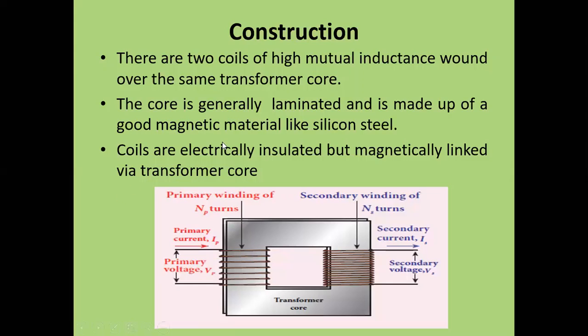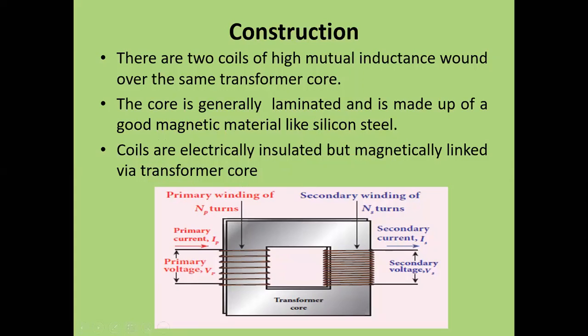The core is laminated in order to avoid the eddy current loss. Okay. And this core is made up of a good magnetic material called silicon steel. So the inner core of the transformer is made up of what? Silicon steel. And the coils are electrically insulated but magnetically linked with the transformer core.